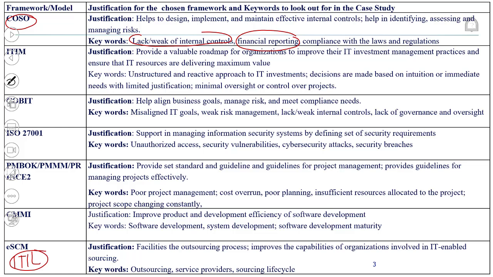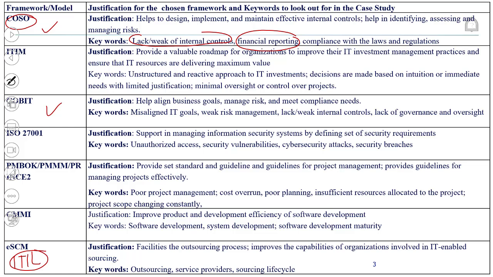In fact, COSO and COBIT are very similar, very, very similar, except that COSO is mainly used in the financial sector and for financial reporting, whereas COBIT tends to be quite generic. And COBIT is quite comprehensive as well. It's like an umbrella framework, so you can embed other frameworks within COBIT.